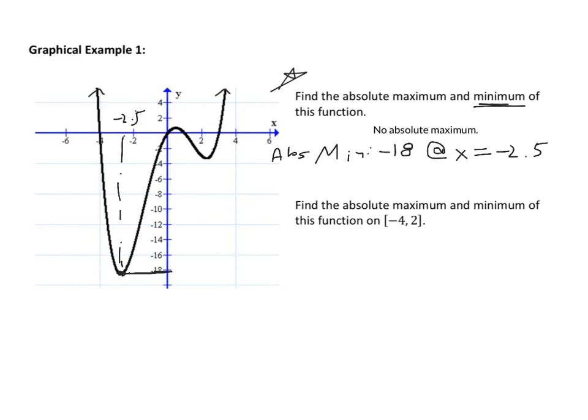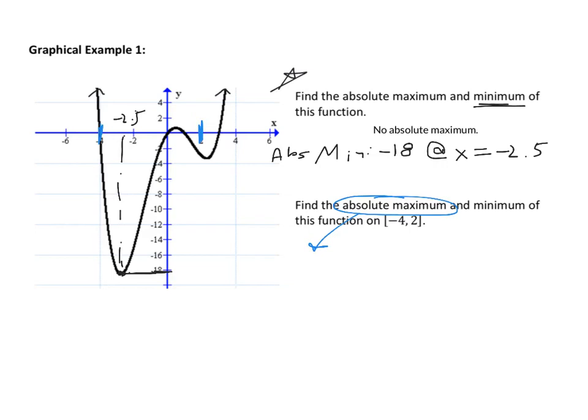Okay. Now, what about finding the absolute maximum or minimum on an interval, right? So what if I'm now restricting myself and only looking at this between negative 4 and positive 2, right? On that interval, can we tell what the absolute maximum of the function is? Does this function have an absolute maximum on that interval?